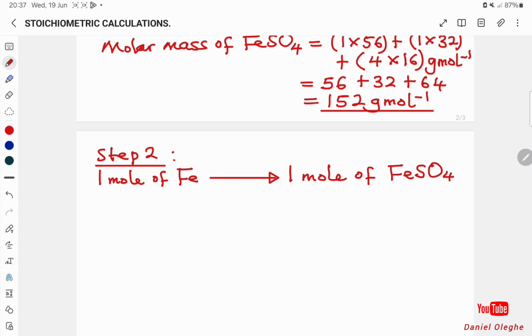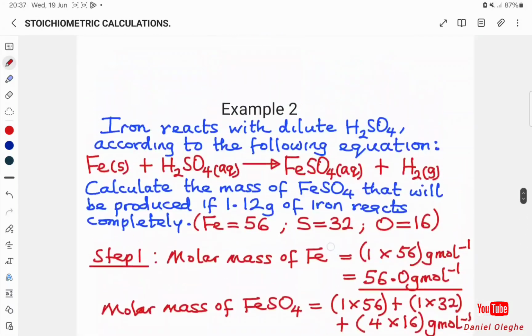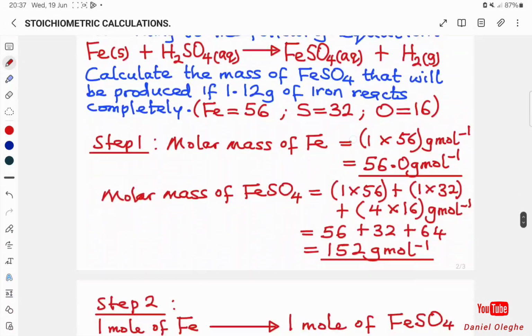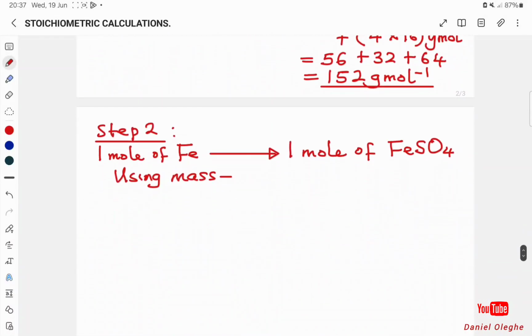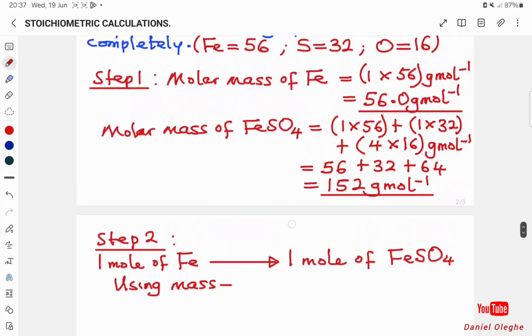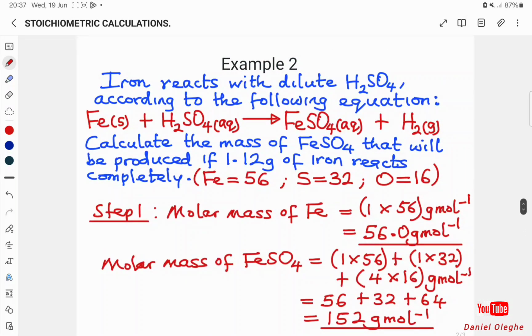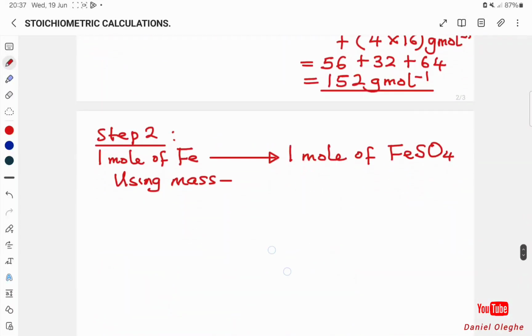Then, using mass to mass relationship, don't forget that we are calculating the mass of FeSO4 that will be produced if the given mass of iron, which is 1.12 gram, is put into reaction. We are calculating the mass of FeSO4 in grams that will be produced if 1.12 gram of iron reacts completely. So we are using mass to mass relationship.